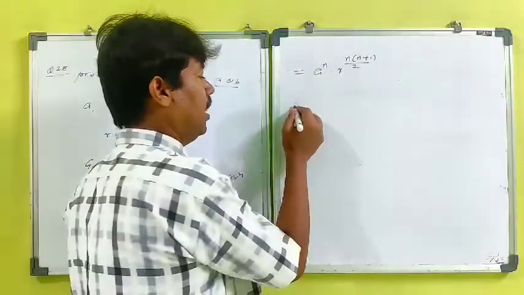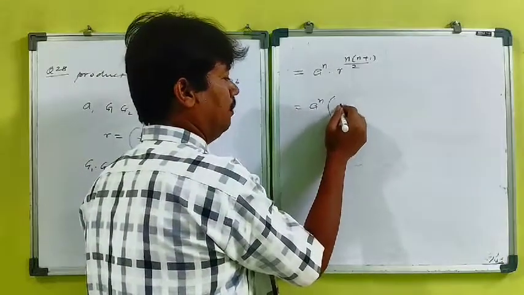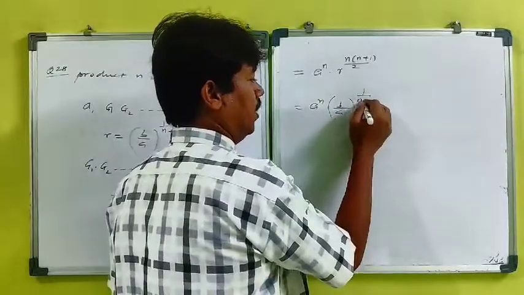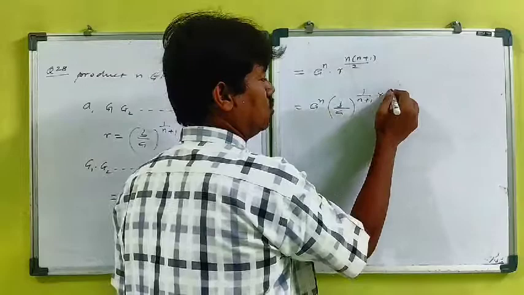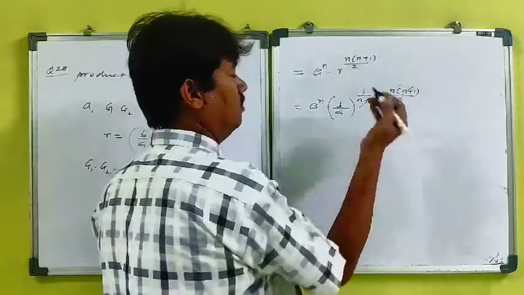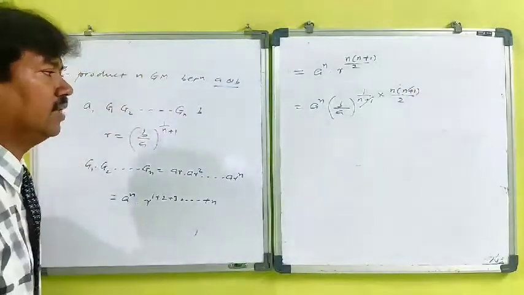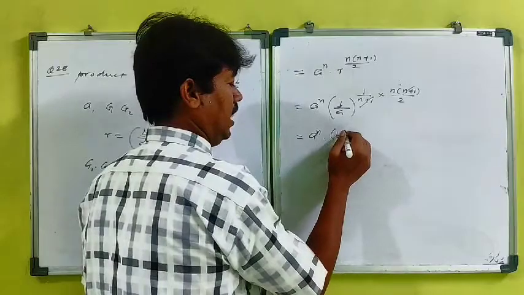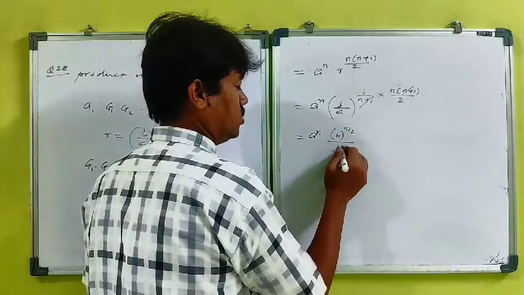The value of R here is B upon A, raised to 1 upon n plus 1. And this again into n plus 1 upon 2. So this n plus 1 will get cancelled, and that is A raised to n, B raised to n by 2, A raised to n by 2.